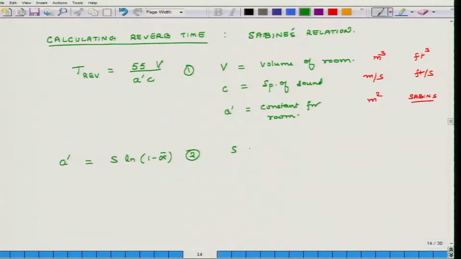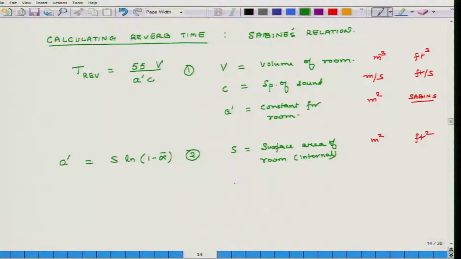What is S? S is the surface area of the room. It is the internal surface area. Wherever we are having reflections, all that surface area has to be calculated. Its units are meter square or feet square.